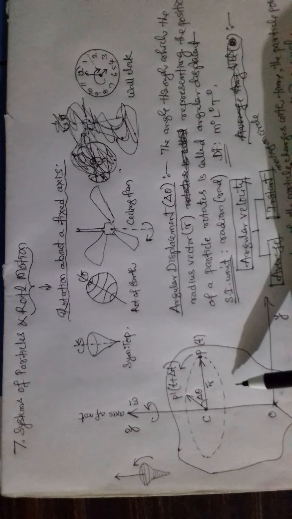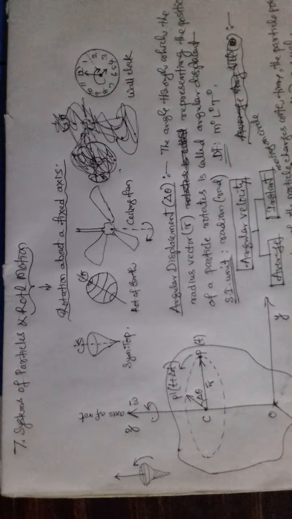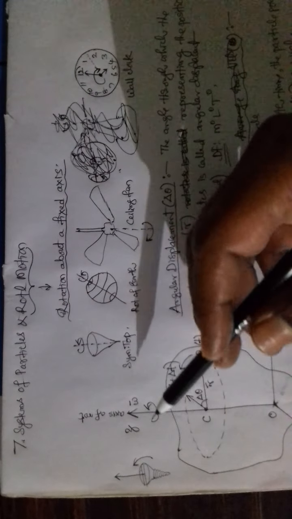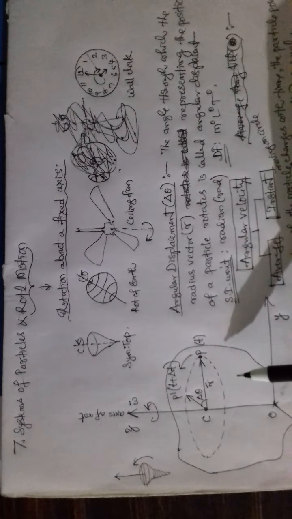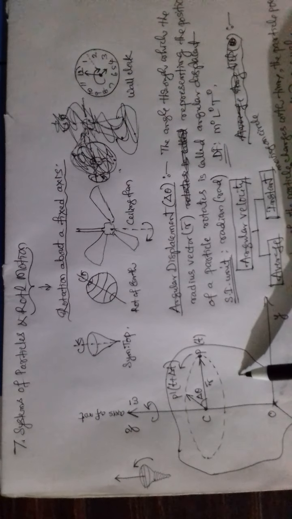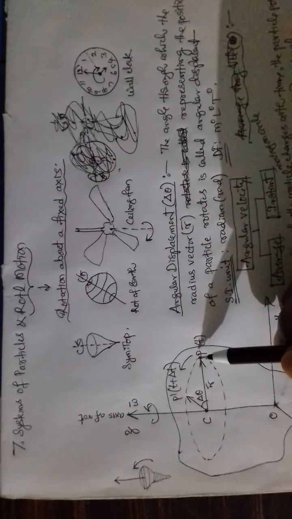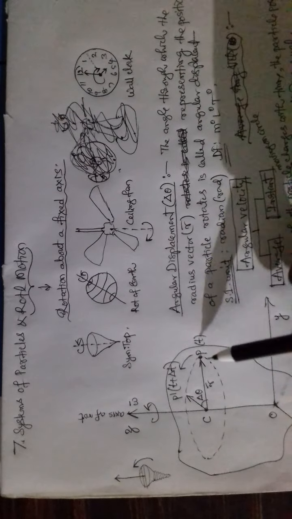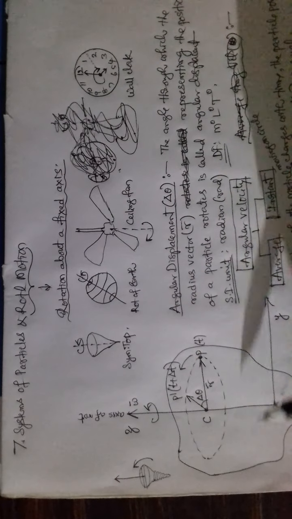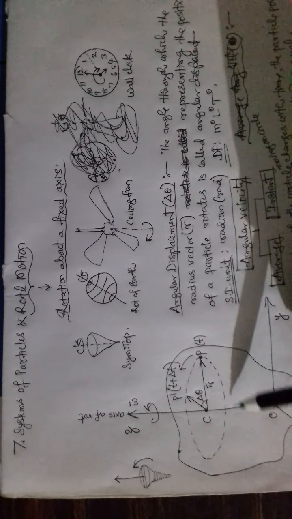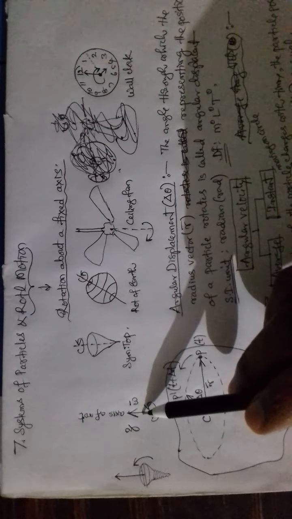Now let us take a general diagram here. This is the x-axis, this is the y-axis, this is the z-axis. Suppose this object is rotating about the z-axis. Now if you consider a particle inside the body, when the body is rotating about the z-axis, the particle describes a circle around the axis of rotation.